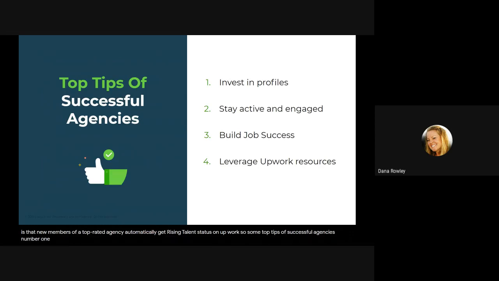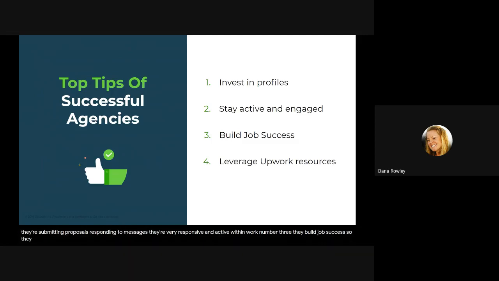So some top tips of successful agencies. Number one, they invest in profiles, not only for the agency itself, but also for the agency members. Number two, they stay active and engaged. So they're submitting proposals, responding to messages. They're very responsive and active within Upwork. Number three, they build job success.